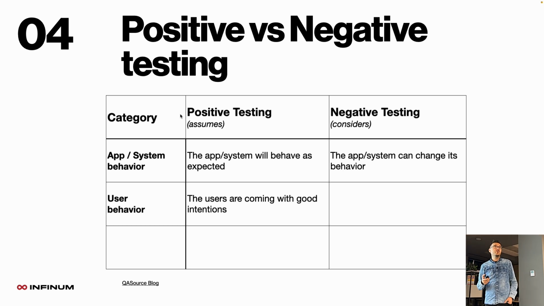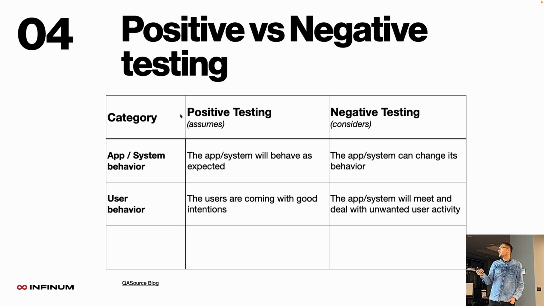But not all users are good users, because negative testing says that some users will input something invalid, or even do illegal actions in order to use the application for their benefit. So the application must deal with unwanted user activity.